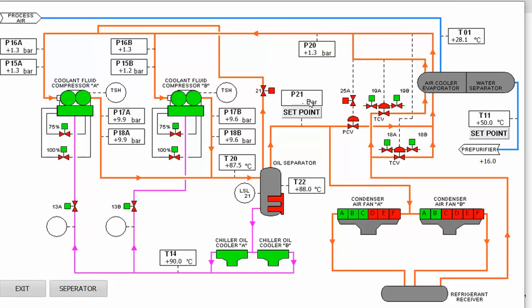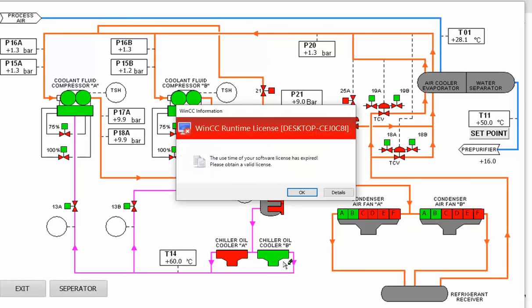So let me put the pressure on 9, and the capacity will be frozen here. And when we have the coolers, I decrease the temperature to 60, and after the timer, air cooler A and then air cooler B will shut down.